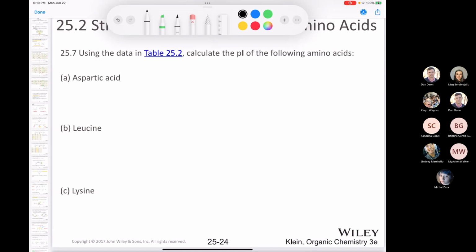So if you look up aspartic acid, you see that the carboxyl group attached to the alpha carbon has a pKa that's 1.88. The alpha amino, when it's protonated, has a pKa of 9.60. Aspartic acid does have a side chain. It's got a carboxylic acid. Its pKa is 3.65.